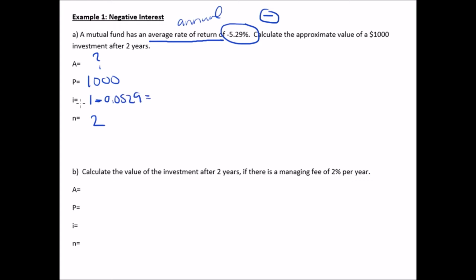But in this case, it's actually 1 minus 0.0529, which is 0.9471. So what we're going to see here is that instead of making 105% of your money, you're only taking back every single year about 94% of what you originally put in.